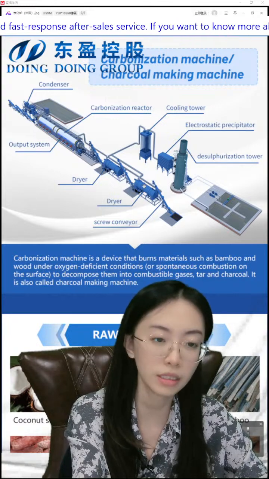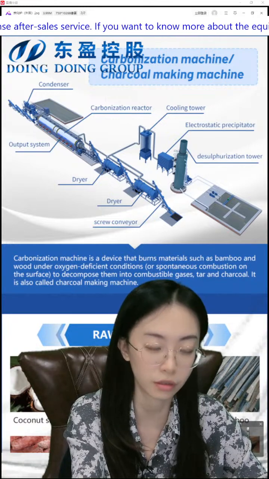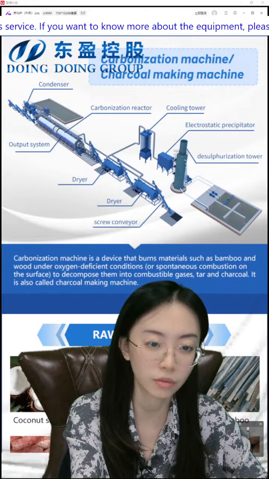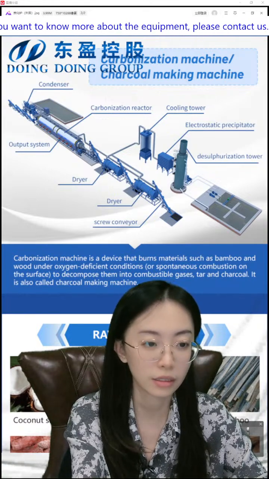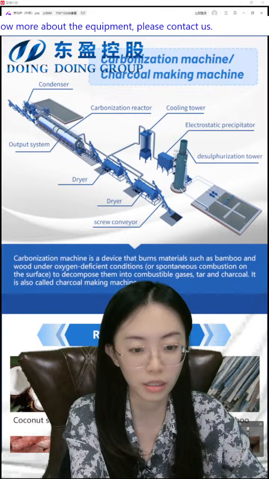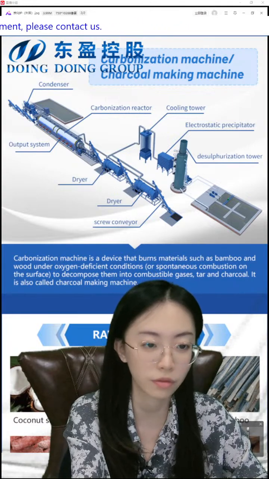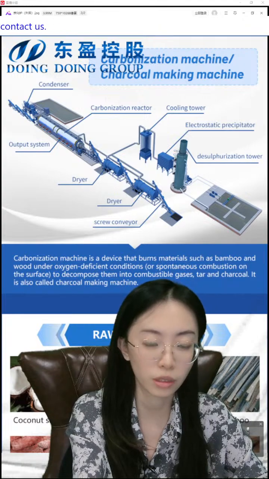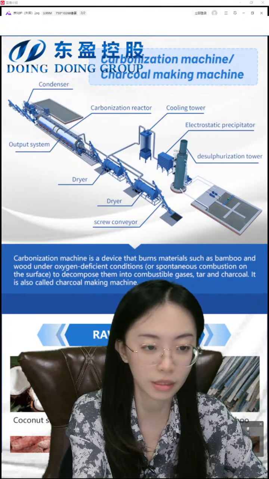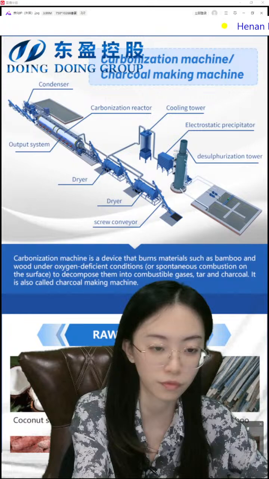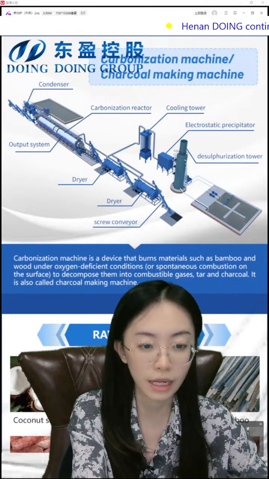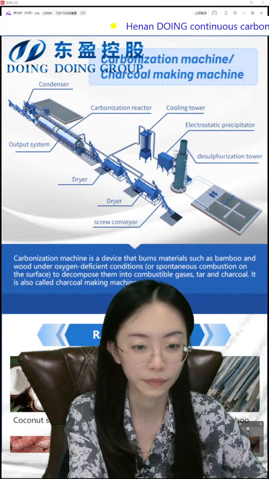How many devices you need depends on your capacity. If you want to know the configurations, you can contact our sales manager, and we can give you a program and suggestions for each stage of the whole line depending on your requirements.